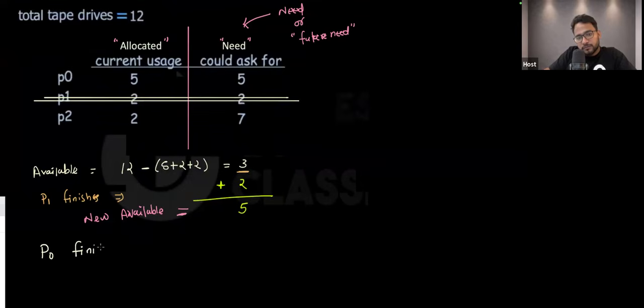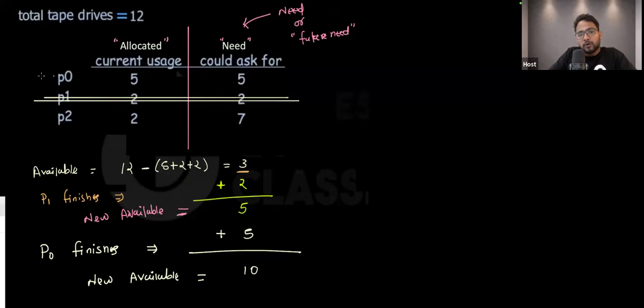Once P0 finishes, you will be adding whatever is allocated to P0. What is allocated to P0? 5, right? So you will be adding this 5. So now the number is 10. This is the new available now, right?